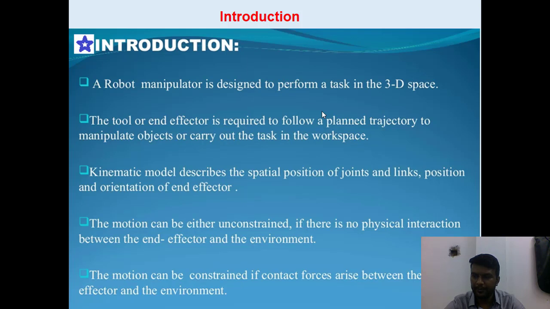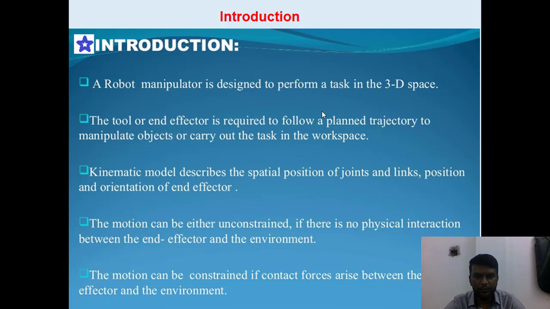Generally, a robot moves in 3D space to complete a defined task. To carry out the defined task, it has to go through a planned trajectory to manipulate the object or to do some kind of processing operations.